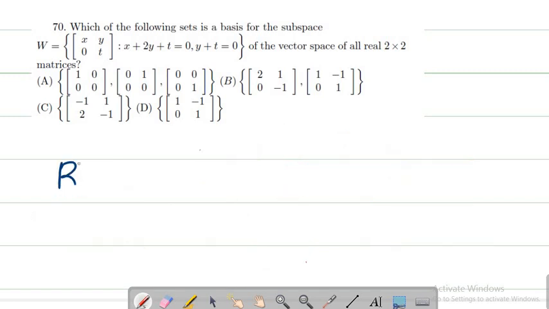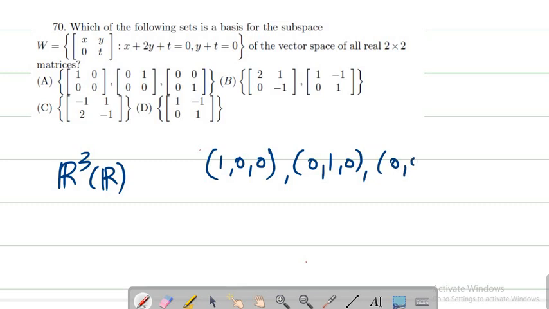If you take a small vector space R3 over R, then we know that we have a basis: 1 0 0, 0 1 0 and 0 0 1.